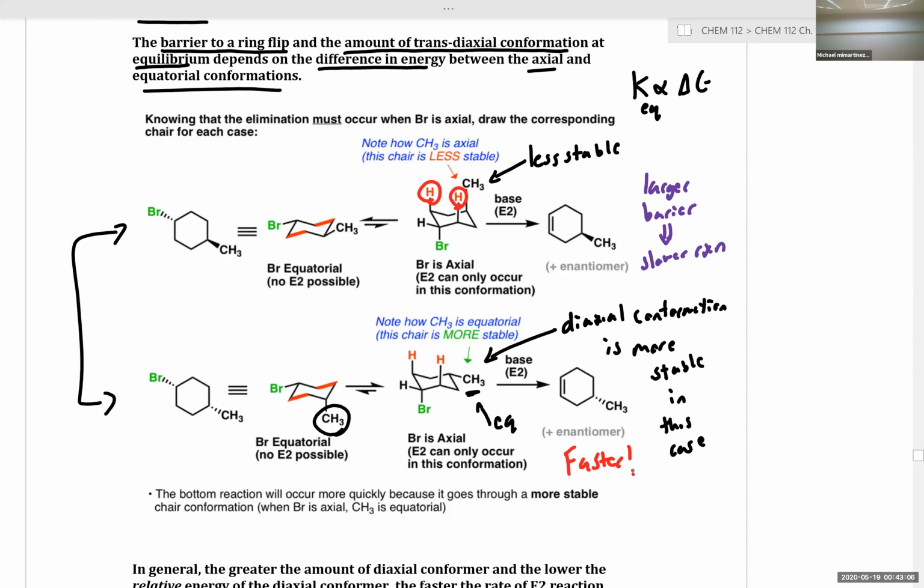So when you hear the words, which reaction is faster, I want you to consider, what is the barrier to my ring flip? Is it large or small? And if the barrier is smaller to undergo a ring flip to generate your diaxial conformation, then that E2 reaction will occur faster. Does that make sense?